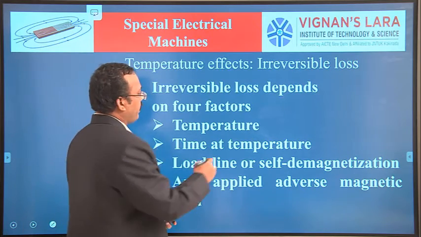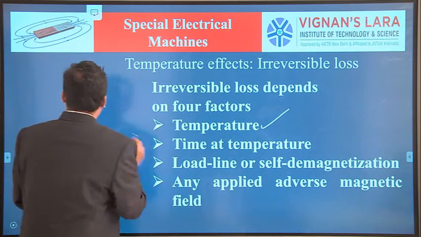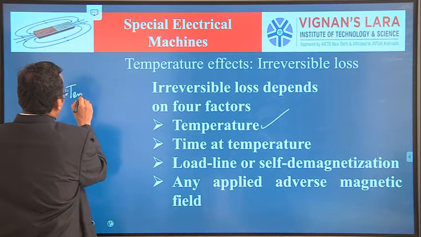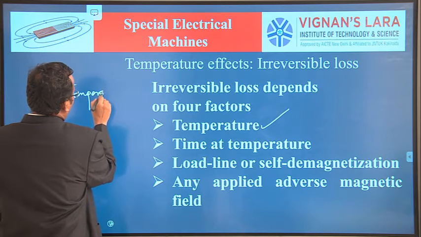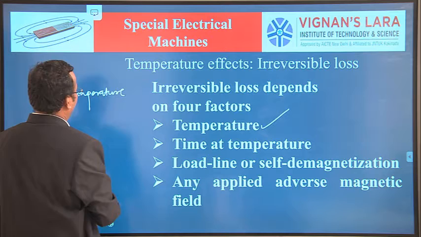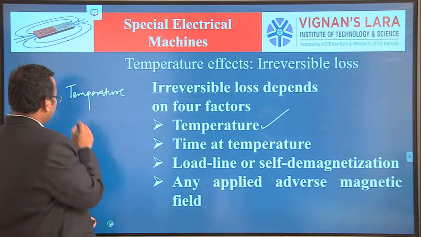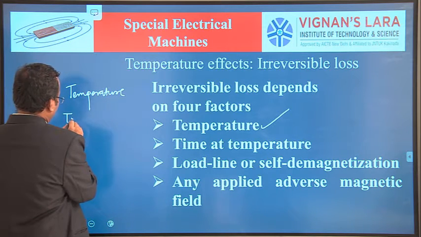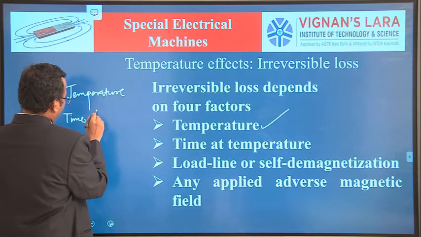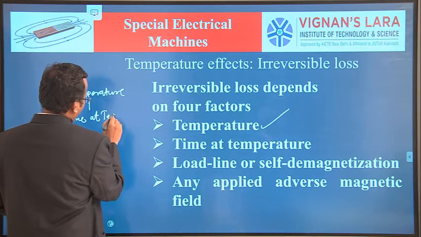For irreversible losses, there are four main parameters. First one is the temperature of the magnetic material. Second one is time at temperature.